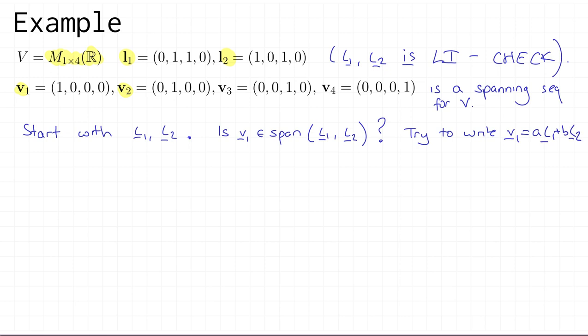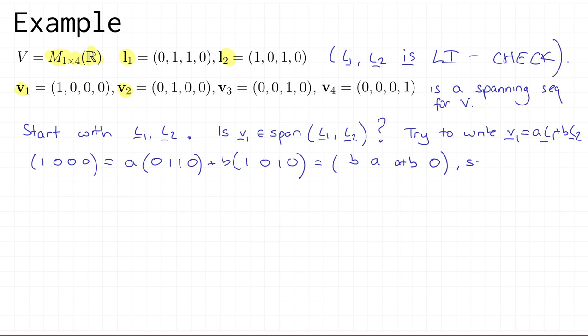So what will we get when we do this? We have v1 is 1, 0, 0, 0, and that's got to be equal to A times L1 plus B times L2. So what do I have there? I've got B, A, A plus B, 0.